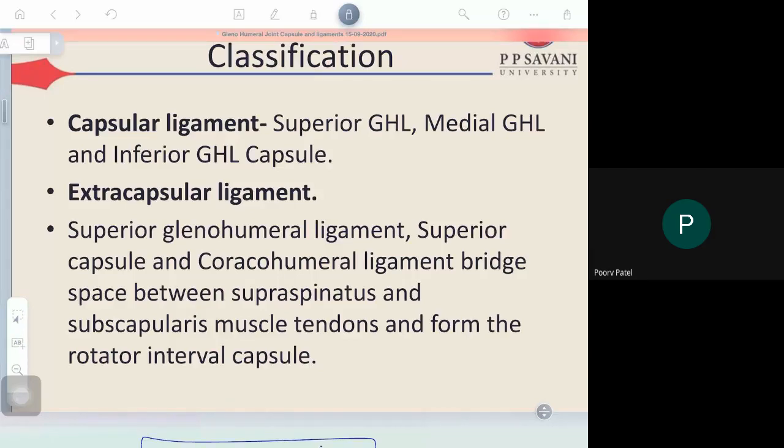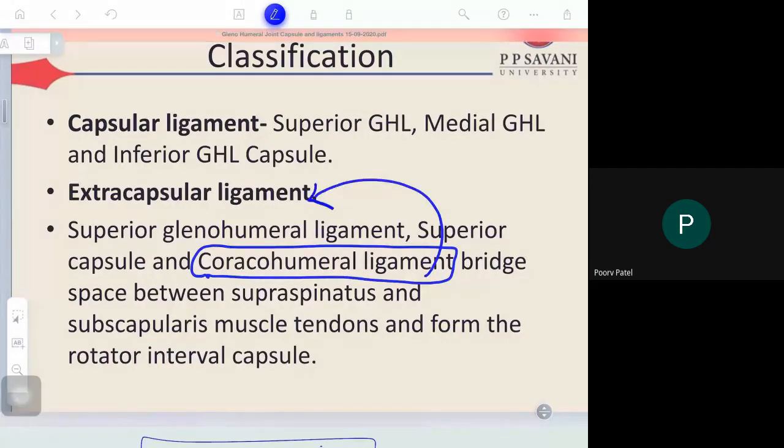It is like first capsule will come and next glenohumeral ligament will come. And coracohumeral ligament. So what is coracohumeral ligament? Coracohumeral ligament is called an extracapsular ligament.